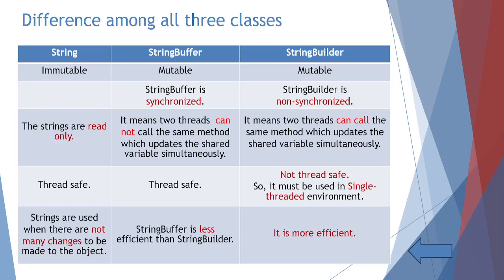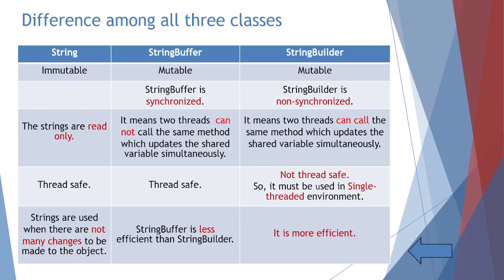So it is not thread safe. It must be used in a single threaded environment. So far we know immutable, mutable, mutable. StringBuffer is synchronized and thread safe. StringBuilder is non-synchronized, not thread safe, so we use it in a single threaded environment.